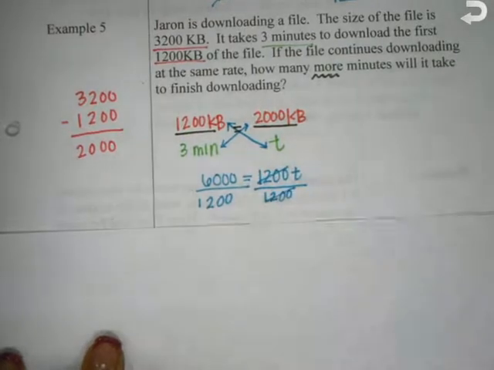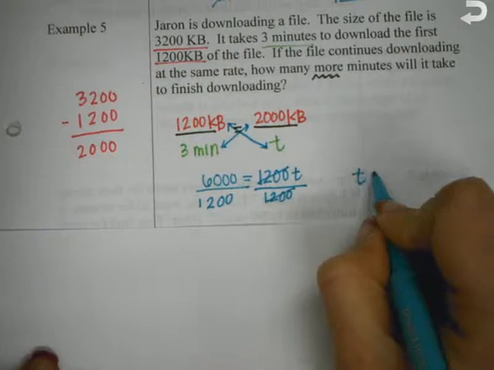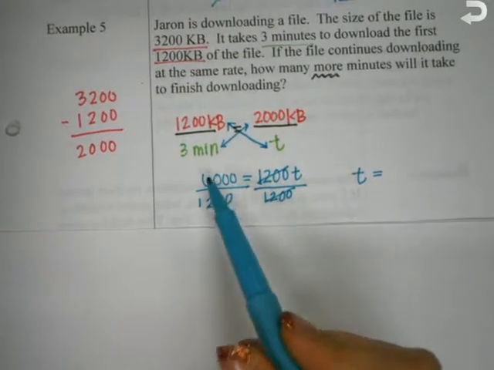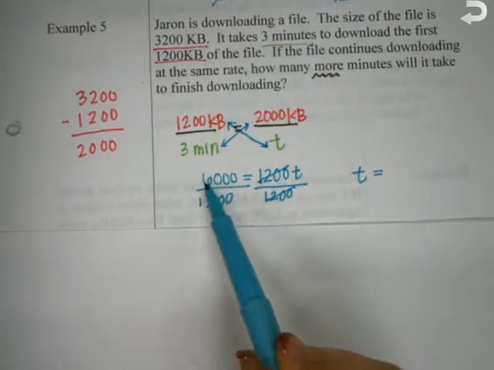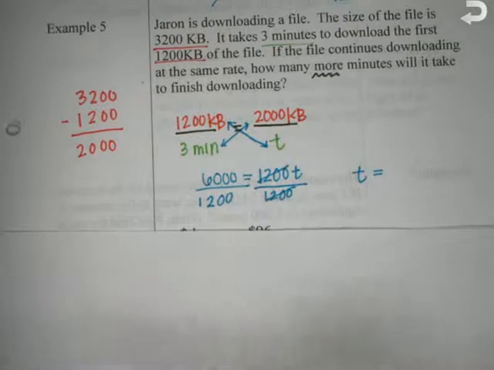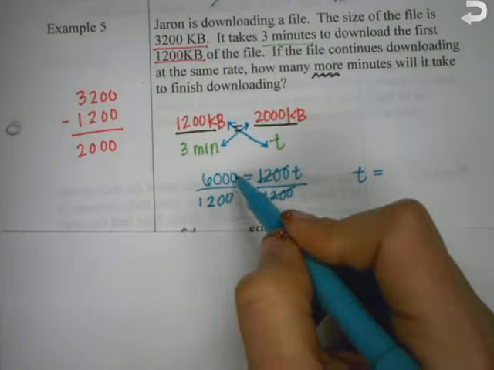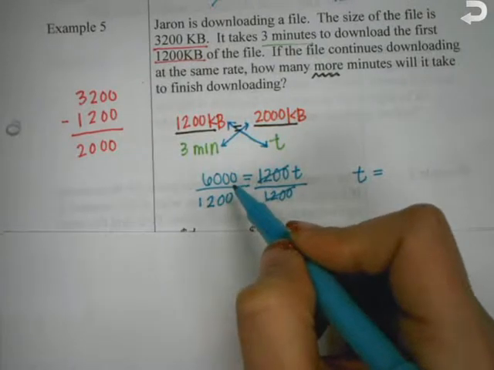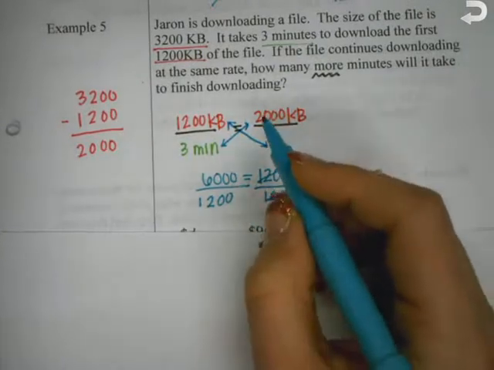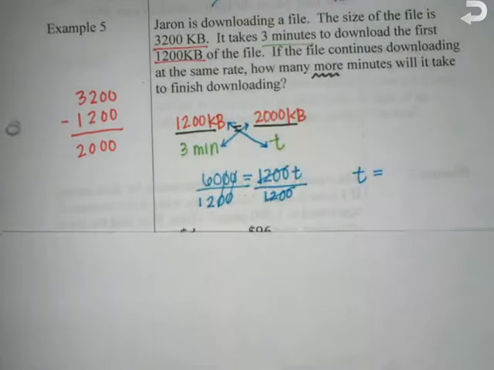6,000 by 1,200. Is there a shortcut that we can do so we don't have to work with those big numbers? We can take away the zeros. Now, we can't take away all the zeros on 6,000, correct? Okay, because we have zeros here and zeros here. So we have to keep one of the zeros. So we're really just looking at 60 divided by 12.